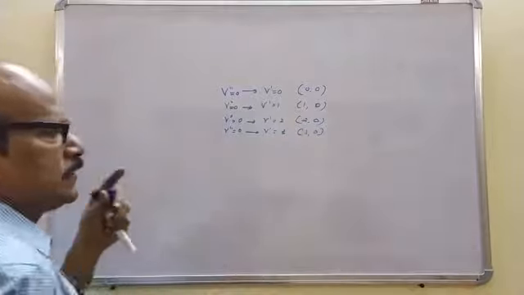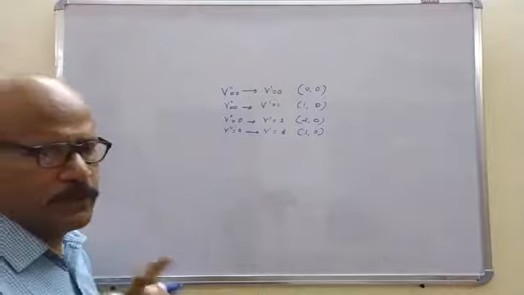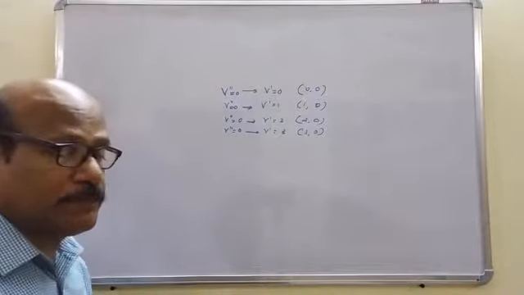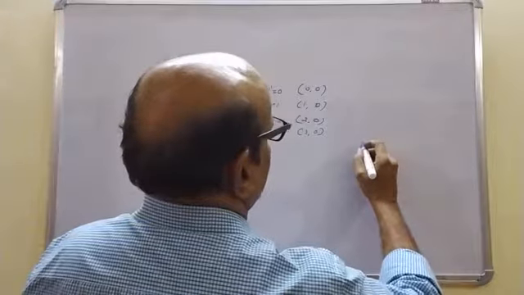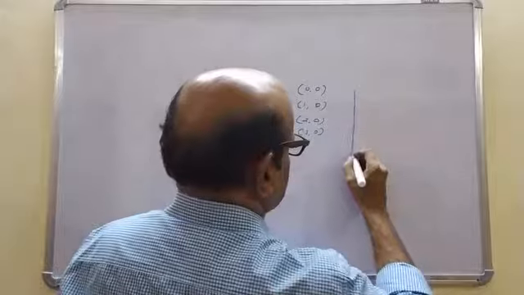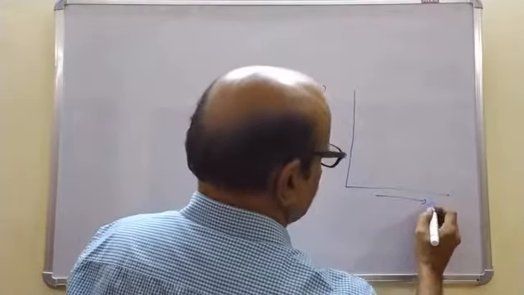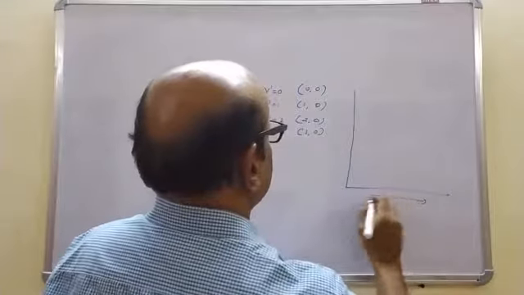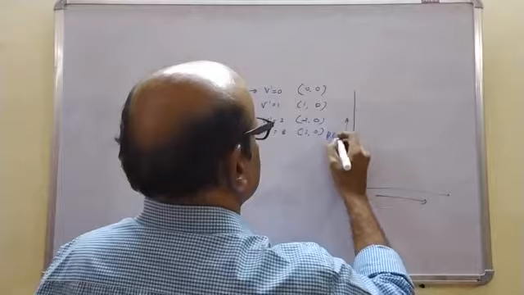All these are the main types of the most probable transitions possible according to the famous Franck-Condon principle in a molecular system by electronic transition, and that is usually represented like this. This is the internuclear distance r, and this is the potential energy.